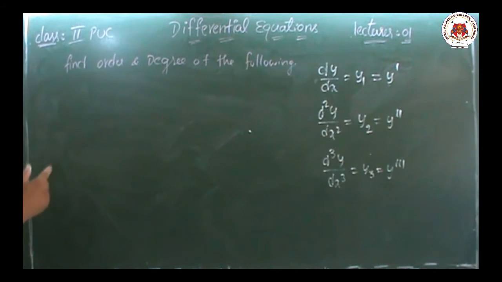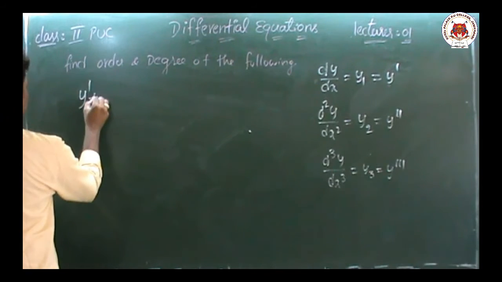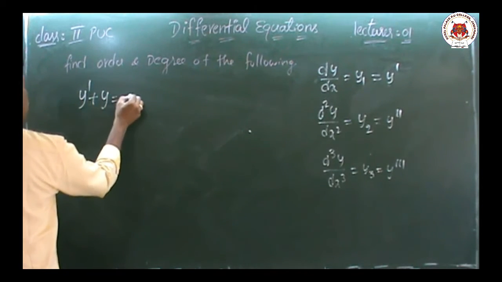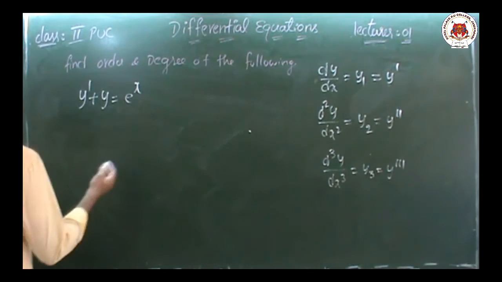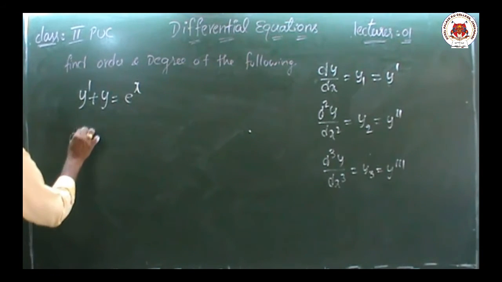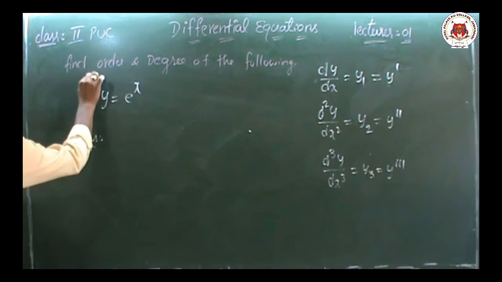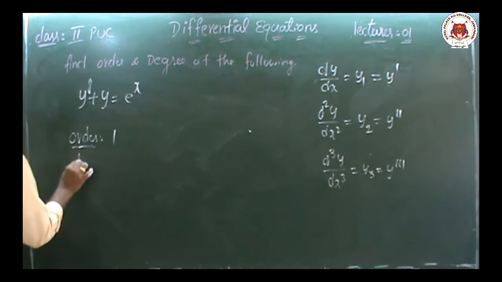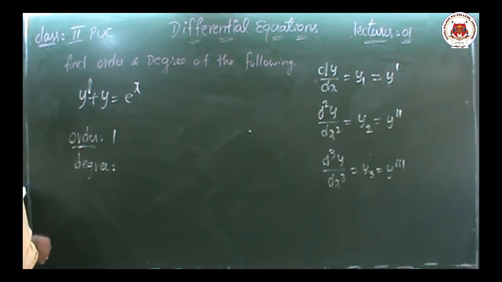Now the next one is y dash plus y equal to e to the power of x. First of all, the order: only one time differentiating, order 1. Now the degree. Here there is no trigonometric function, no logarithm, and there is e power.